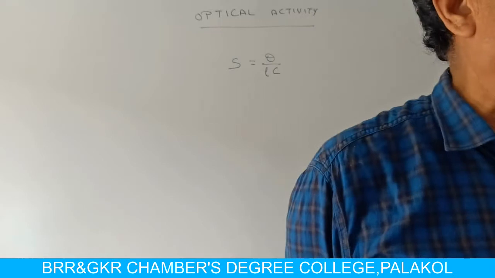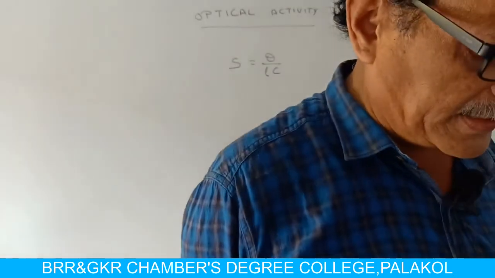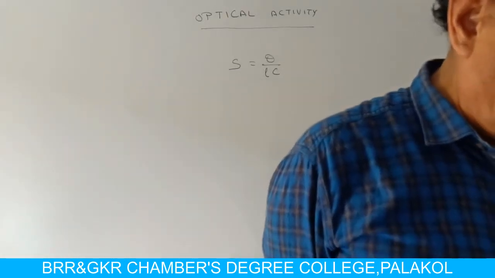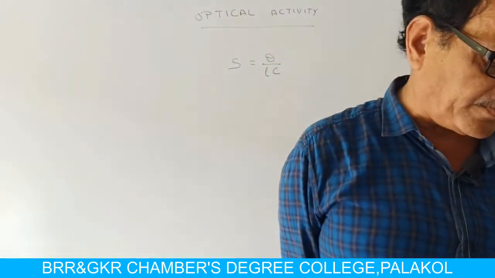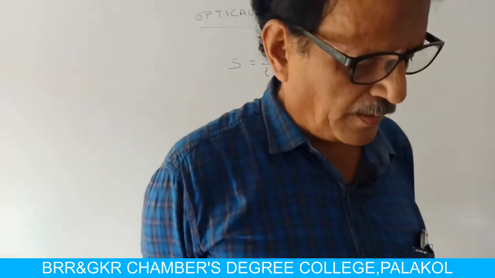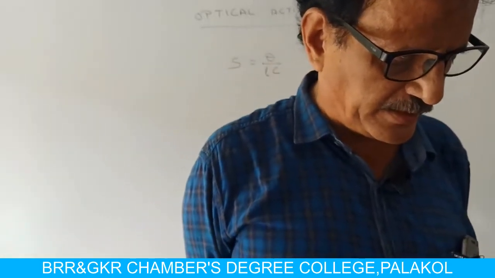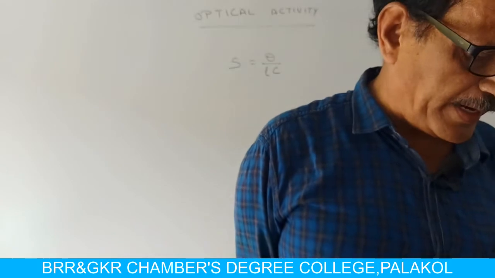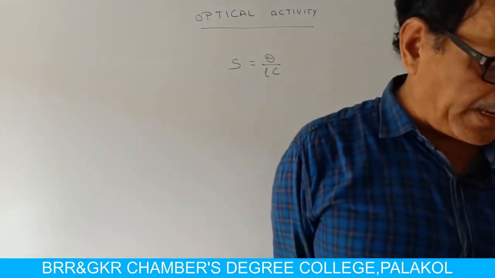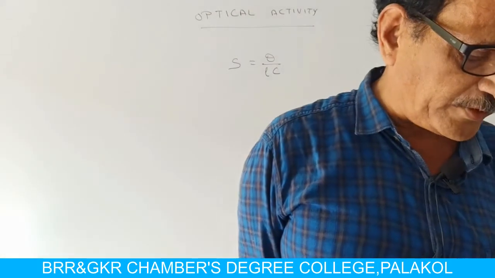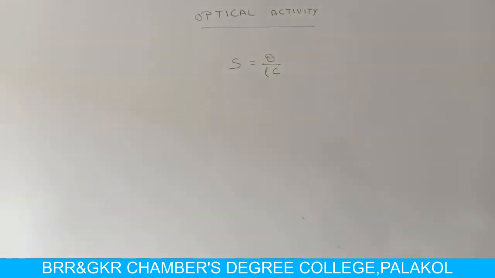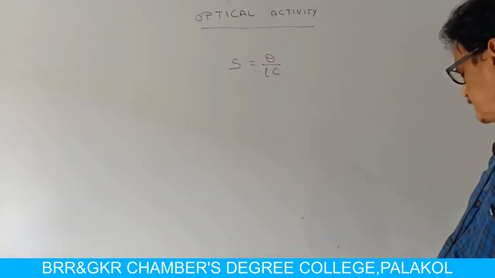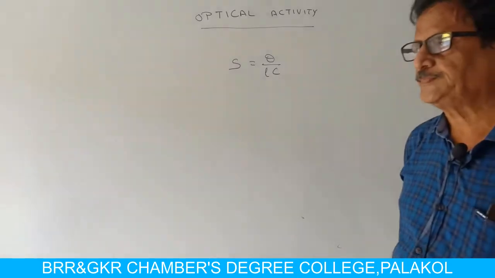The specific rotation of a substance at a particular temperature for a given wavelength of light may be defined as the rotation produced by 1 decimeter length of solution when the concentration is 1 gram per cc.